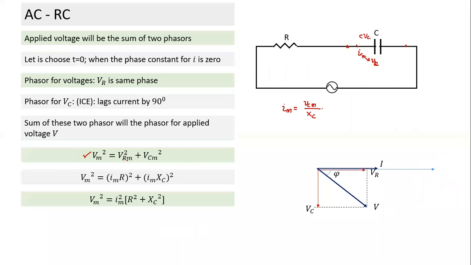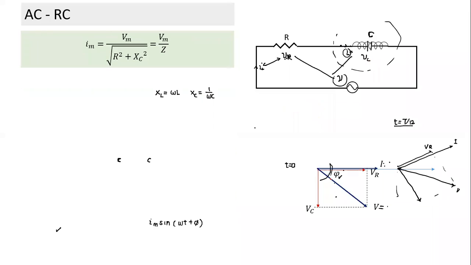If the maximum values are related like this, will the RMS values also follow the same relationship? Yes, sir. Because if we divide all maximum values by √2, I get RMS values. So whatever phasor relation I have in terms of maximum values, the same holds in terms of RMS values.